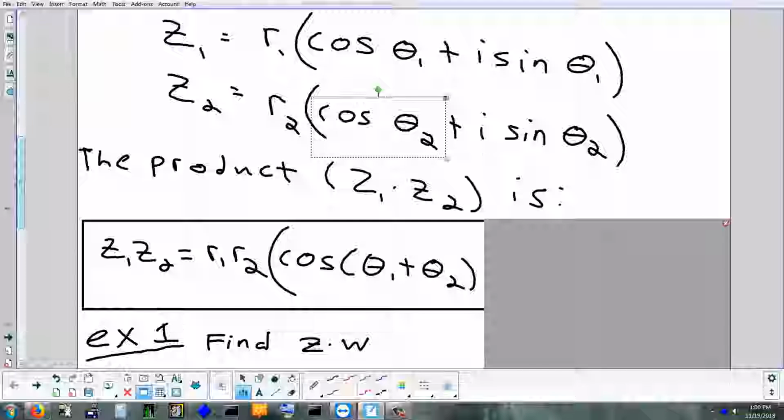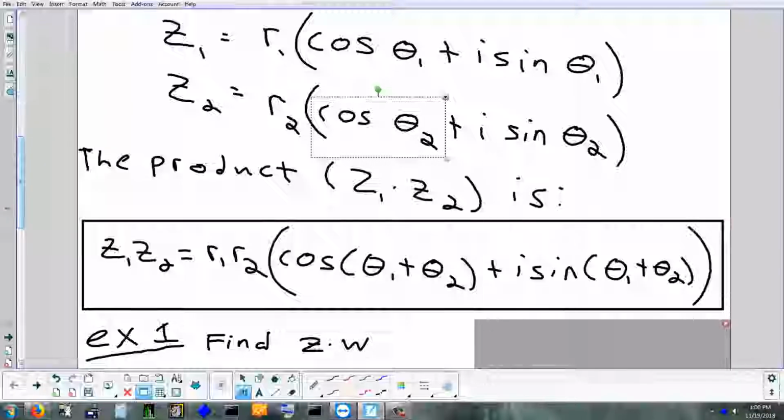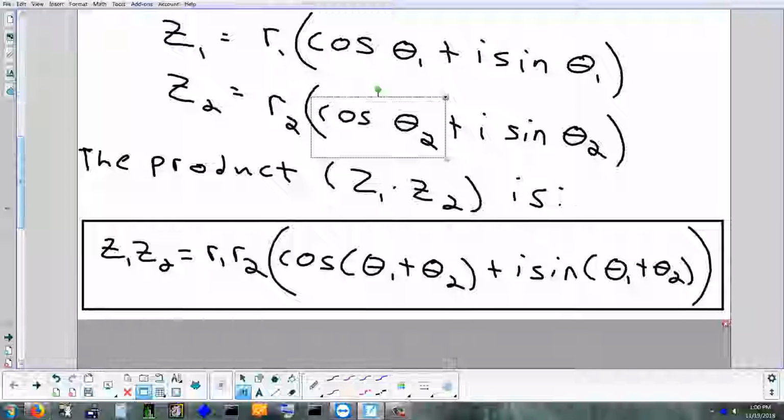So the new angle is the sum of the old ones. So to multiply two complex numbers in polar, multiply the two radii, that's your first step, and then add the two angles. That's your second step. And you're done. Foiling, nothing like that at all.